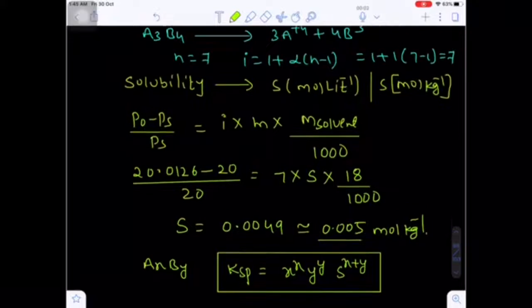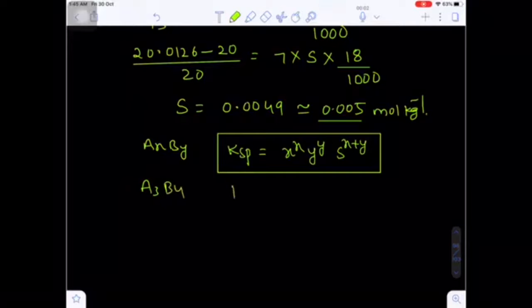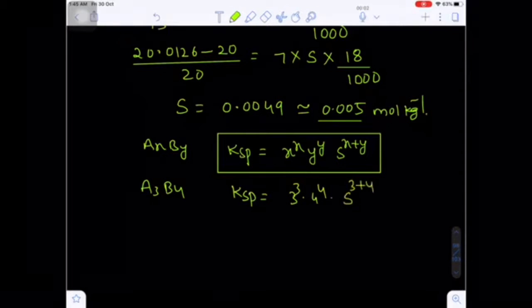Now what is the given salt here? A3B4. For such a salt, the solubility product constant is 3 to the power 3, 4 to the power 4, S to the power 3 plus 4.